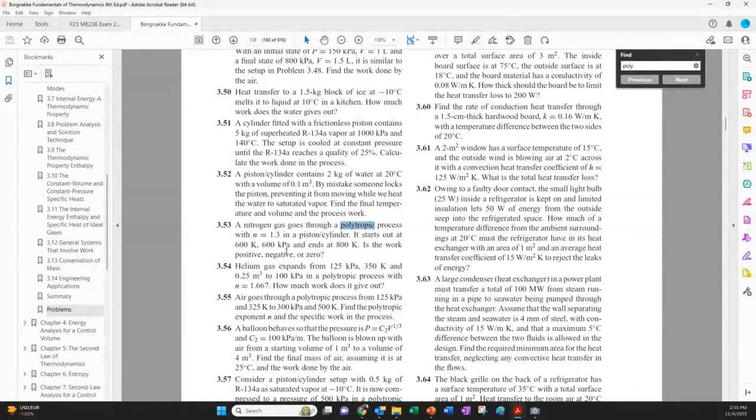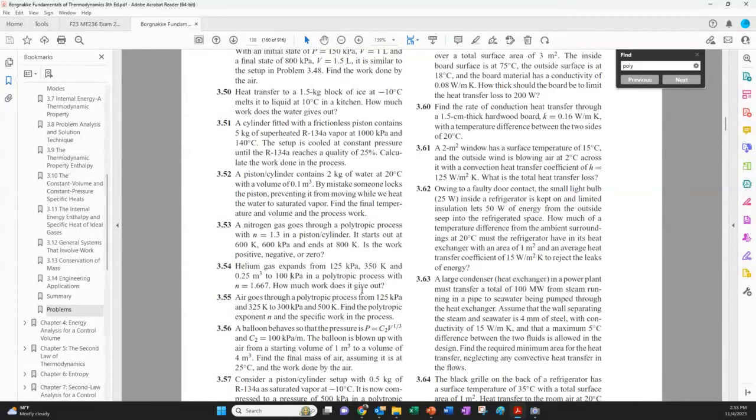Nitrogen goes through a polytropic process with n equals 1.3. It starts out at 600 degrees Kelvin and ends up at 800 degrees Kelvin. Is the work positive, negative, or 0? Interesting. Then helium gas goes from 1 kilopascals to this in a polytropic process.